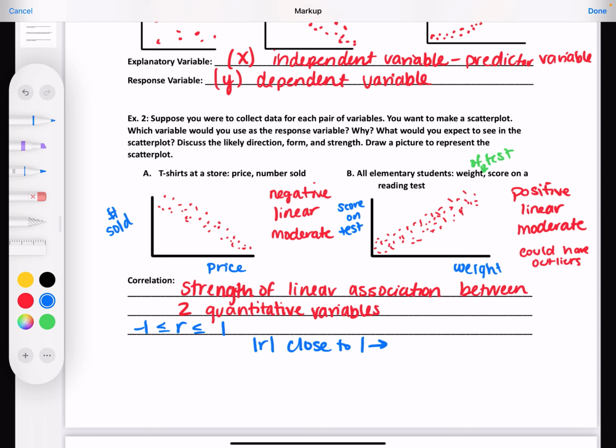It's strong. Strong linear association. And if it is approximately 0 or close to it, it would be what? Weak. No or weak association.